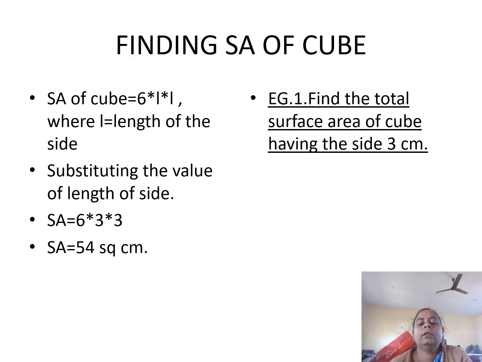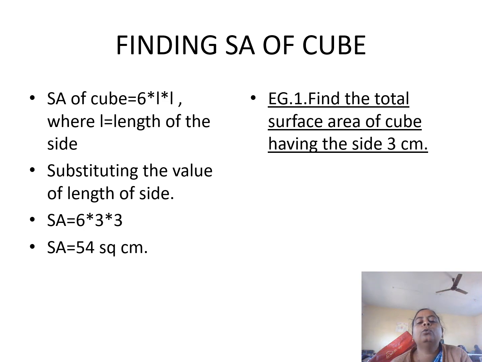Okay, now previously we found the surface area of the cuboid. Now let us find the surface area of the cube. We are supposed to find the surface area of the cube having the side 3 centimeter. Now what is the formula for calculating the surface area of the cube?